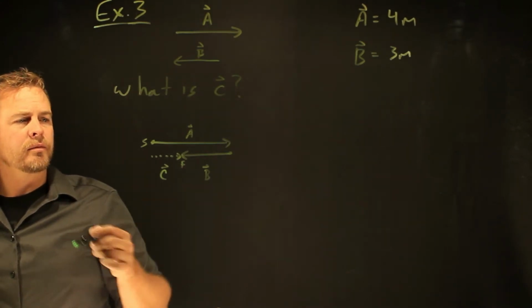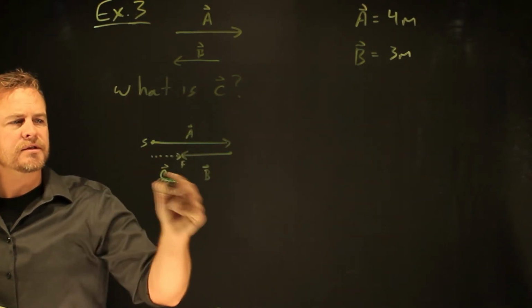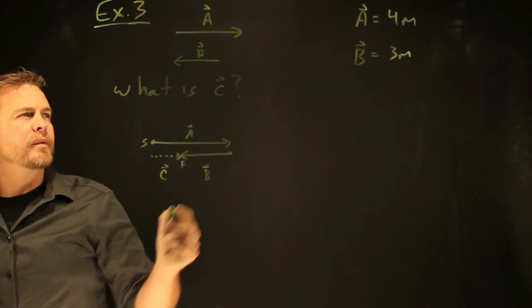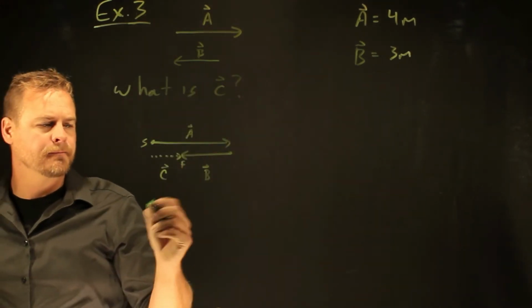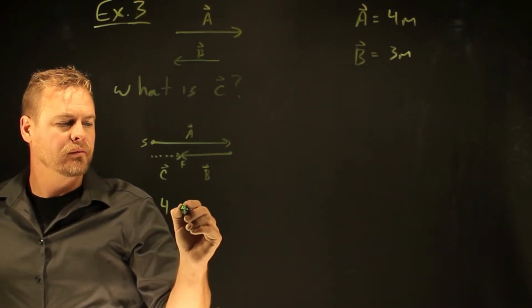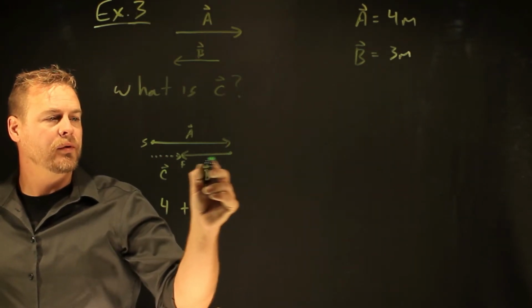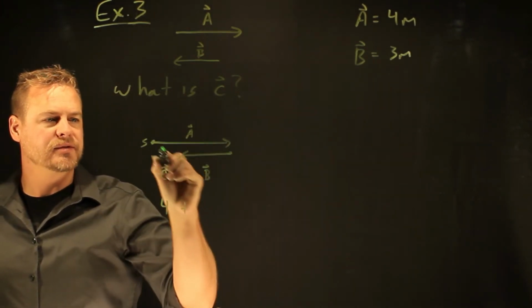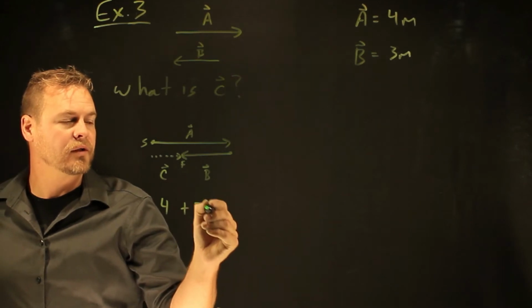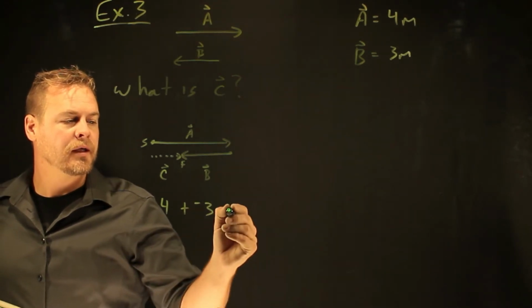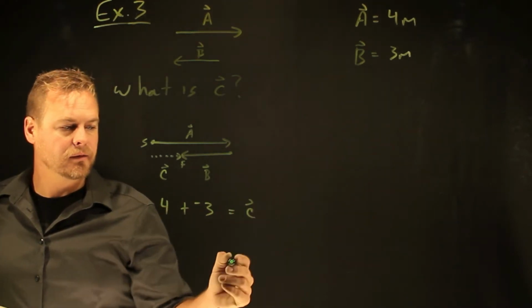Mathematically, you can think about this as adding the negative. So this is vector subtraction in one dimension. And so I have A, which was 4 meters, plus B, which is 3 meters, but it's going opposite of my positive number, and so I'm going to put a negative sign on there, and that's going to equal my C vector.